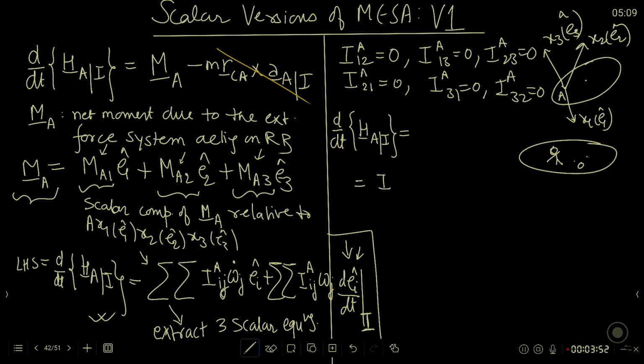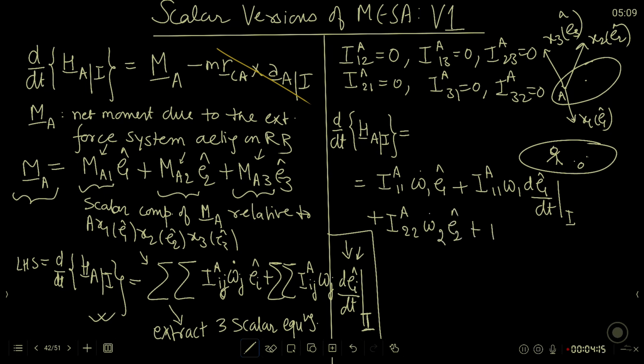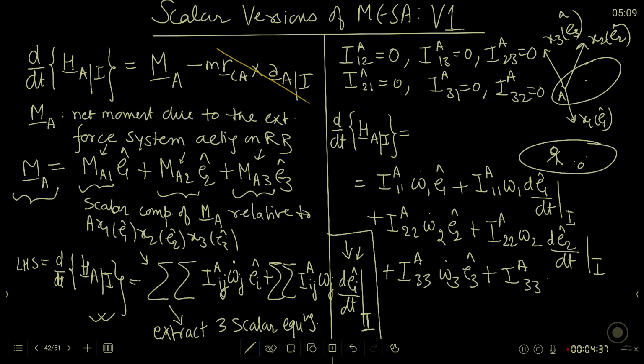My claim is that only few terms will be here, those I am writing. How many terms? 2, 4, 6. Only 6 terms.